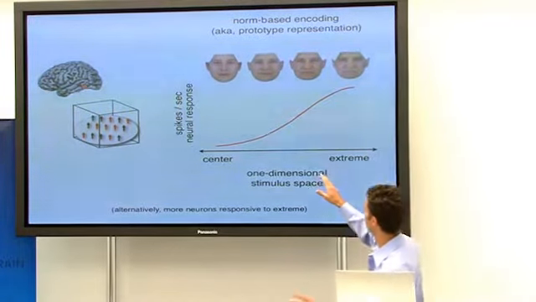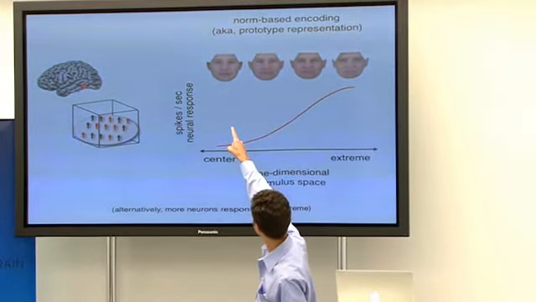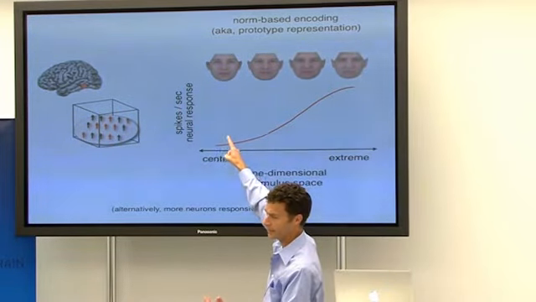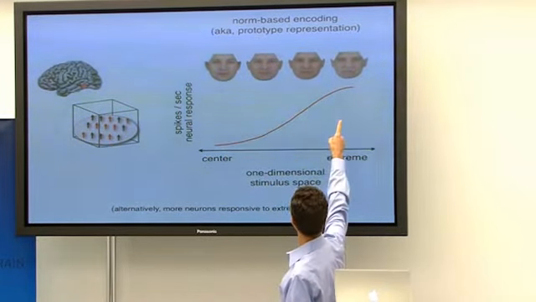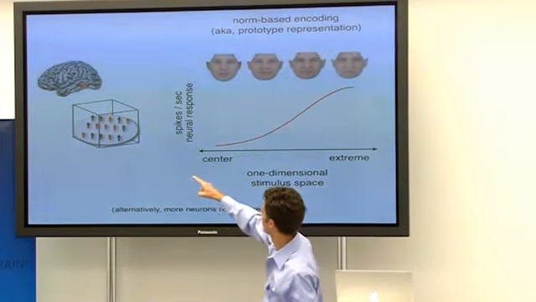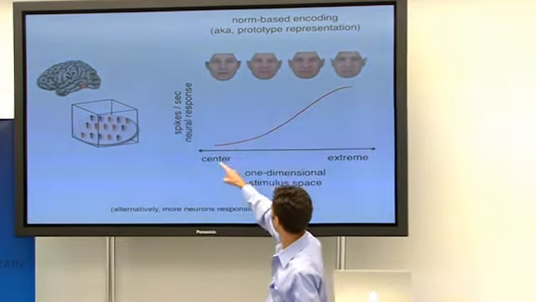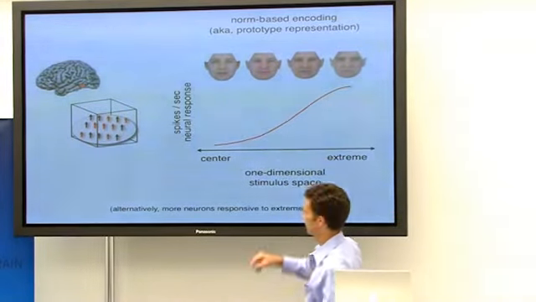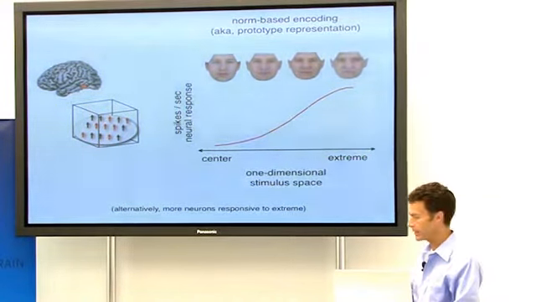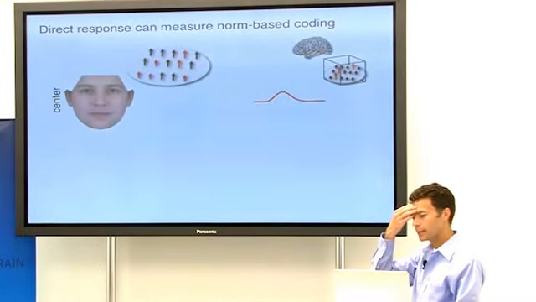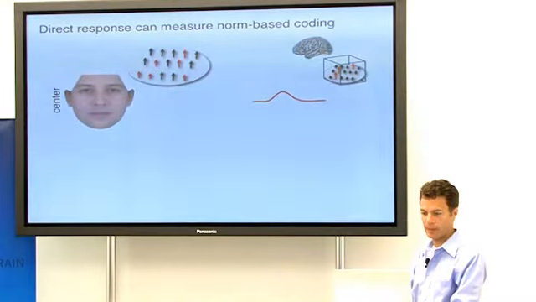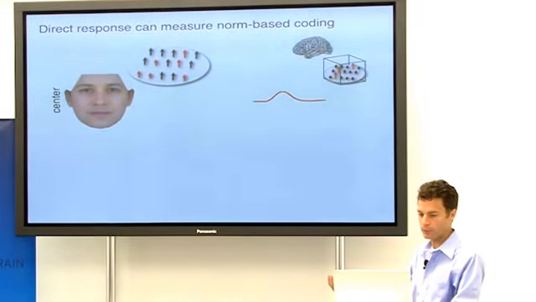So the idea is that as I've set it up, let's suppose that face down there, that youthful, everyman kind of looking guy, he's the average. But then as you get over here, this guy is a more extreme face, okay? So the notion is that you have this set of neurons that just have increasing firing for the more and more extreme the face is, okay? That's the whole model. So the basic idea there is that, of course, fMRI can measure this norm-based coding in quite a straightforward manner.